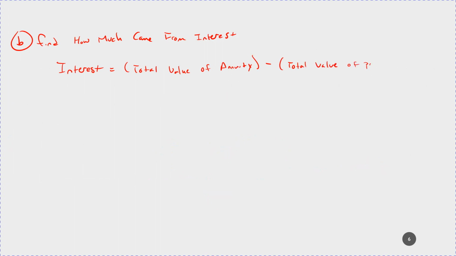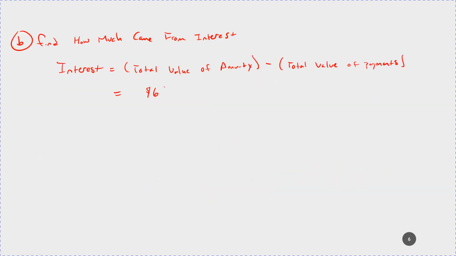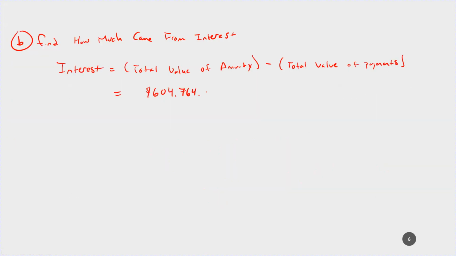So you have to back out how much you actually paid, okay? We know the total value of the annuity was $604,764.43.